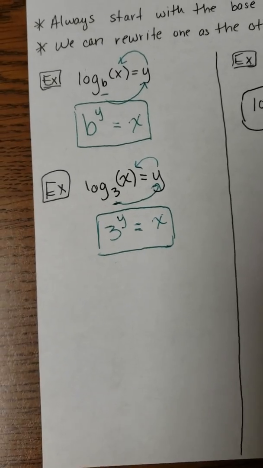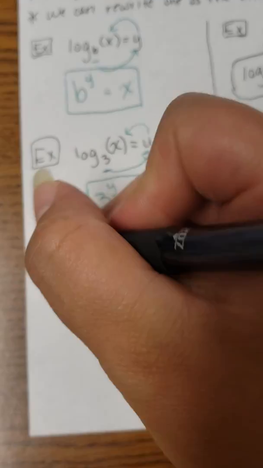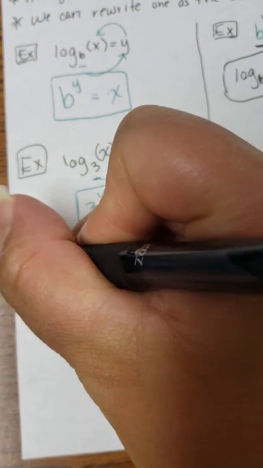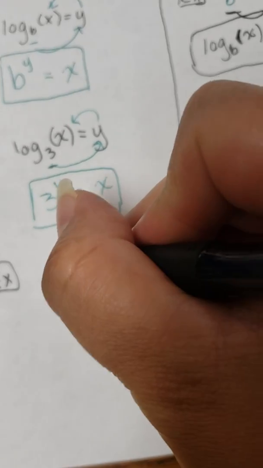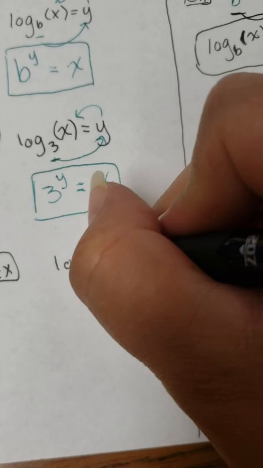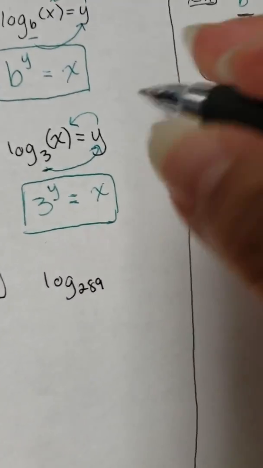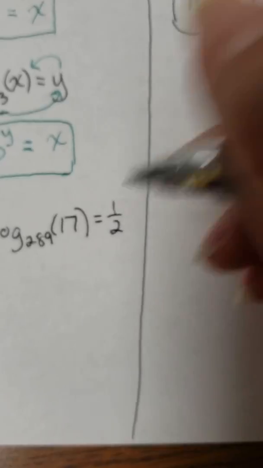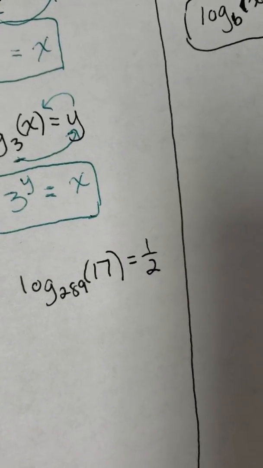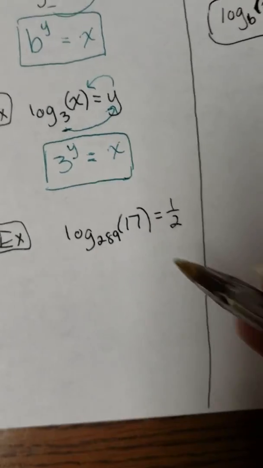Something a little bit more, not difficult, but maybe just weird looking. Let's throw a fraction in there. So let's say you have log base 289 of 17 is equal to 1/2. Okay, we do the same thing. So we're going to start with our base.